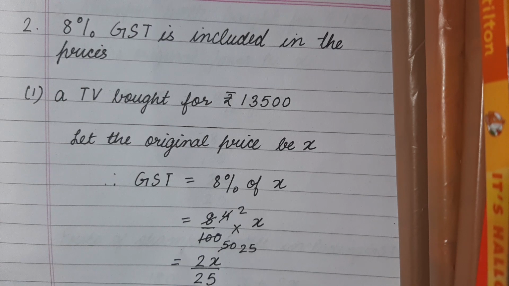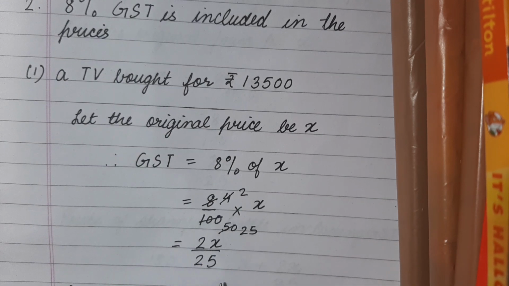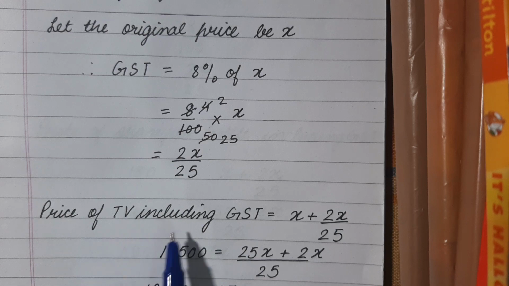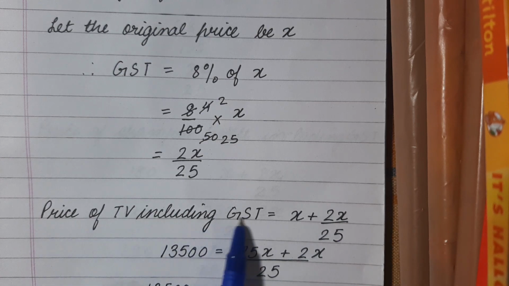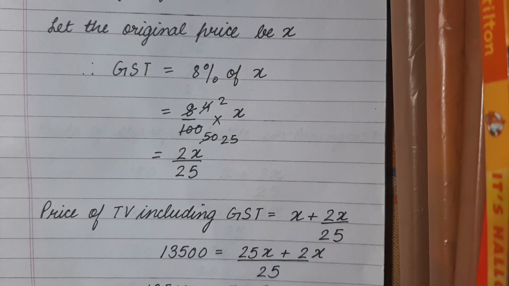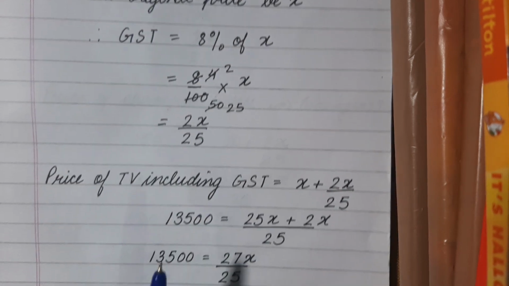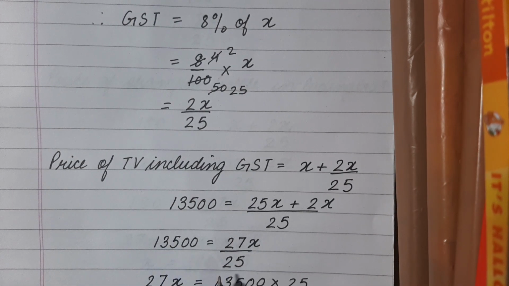Now the price of the TV including GST is the original price plus GST, and it is given as 13500. So 13500 equals X plus 2X upon 25, which is 27X upon 25.